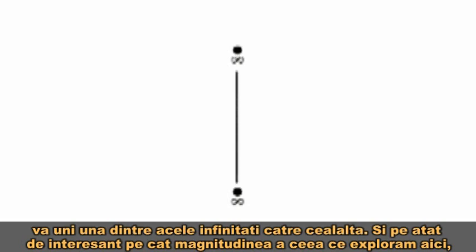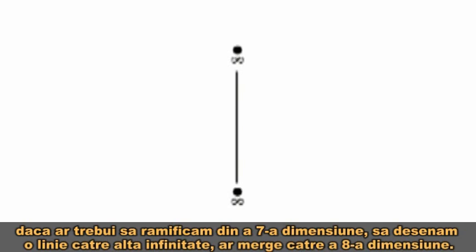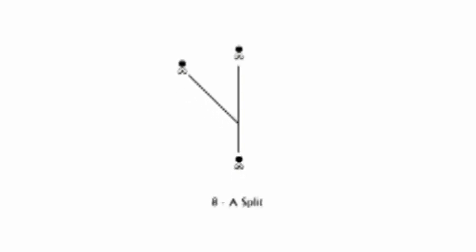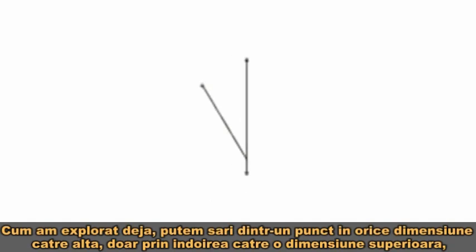And as boggling as the magnitude of what we're exploring here might be, if we were to branch off from that seventh dimensional line to draw a line to yet another infinity, we would then be entering the eighth dimension. As we've explored already, we can jump from one point in any dimension to another simply by folding it through the dimension above.